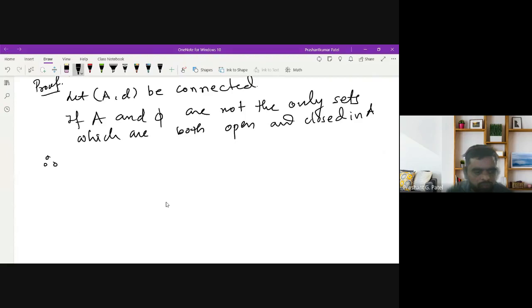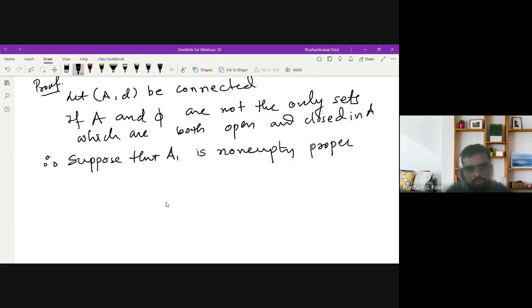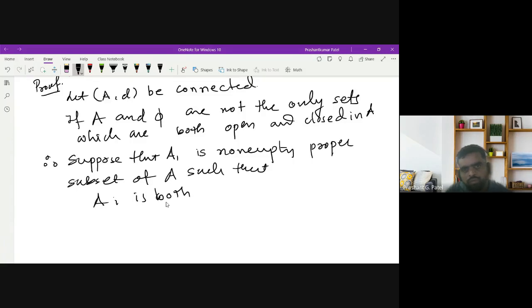So suppose that A1 is a non-empty proper subset of A such that A1 is both open and closed.